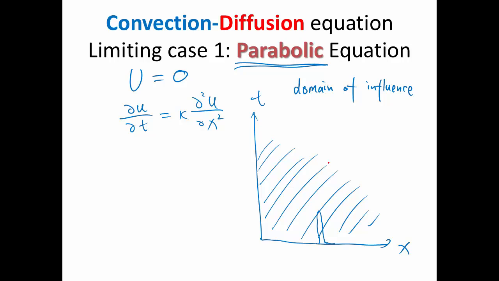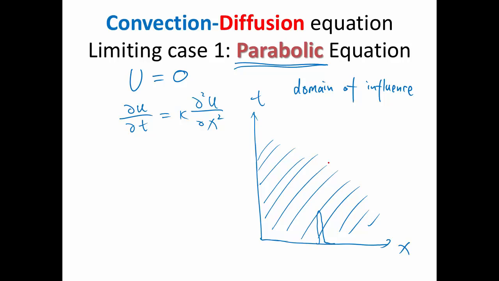This is different from other equations like hyperbolic equations, which correspond to the other limiting case where kappa is equal to 0, but u is not equal to 0. So if you have the previous case where kappa is equal to 0, you see if you make any perturbations, the perturbation is not going to diffuse. It is not going to affect neighboring solutions.